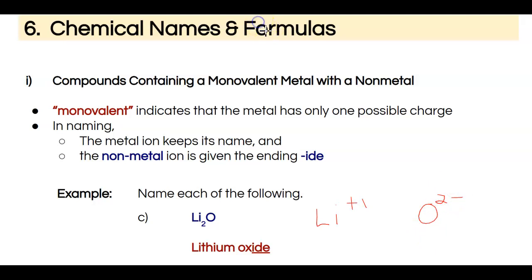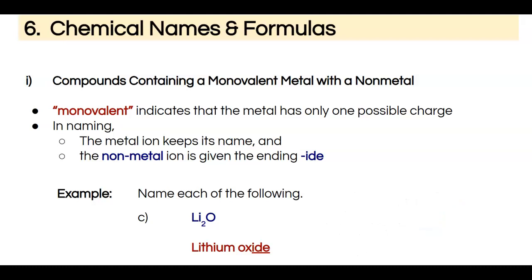And so I'm going to cross those charges over as we've talked about. That charge will go down there and this charge will go down there, and then I get Li2O. So that is why that 2 is there. It doesn't really play a part in the name because it's simply there because of the charges on the cation and anion that make up this particular compound.